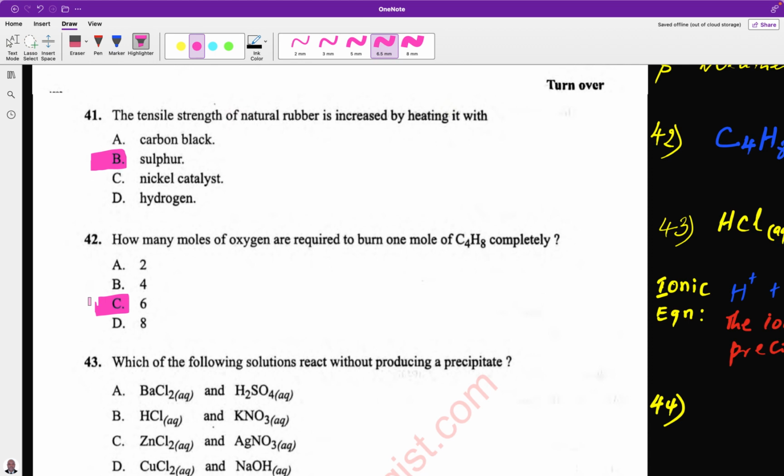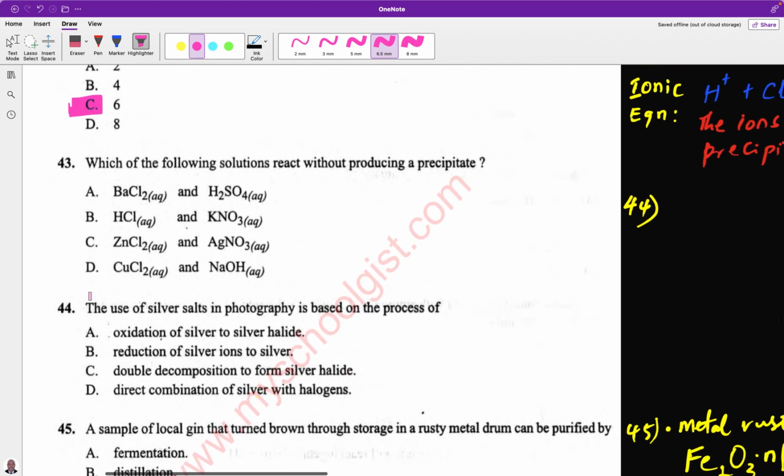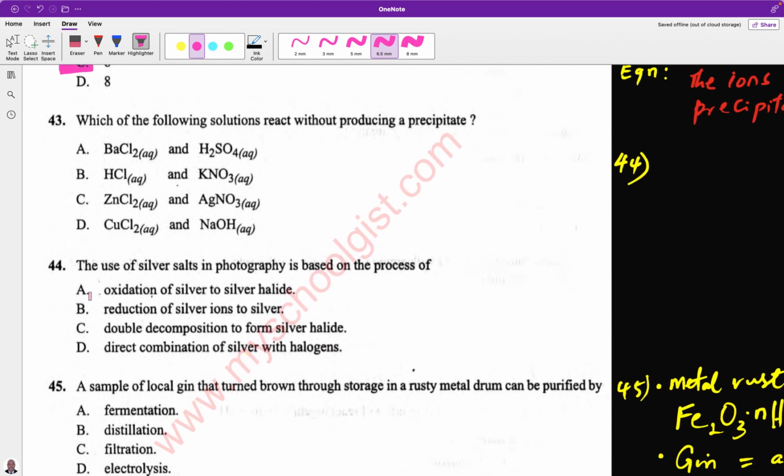Question number 43 has to do with some precipitation of ions. We are told, which of the following solutions react without producing a precipitate? A, we have barium chloride plus sulfuric acid. When this happens, barium sulfate precipitate is formed.